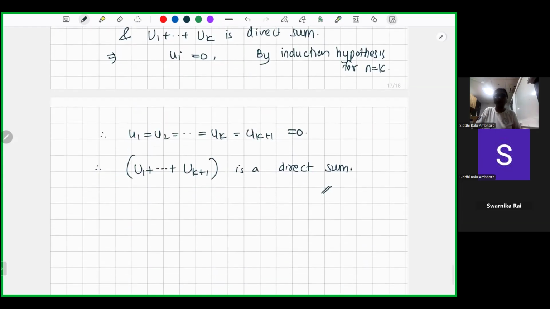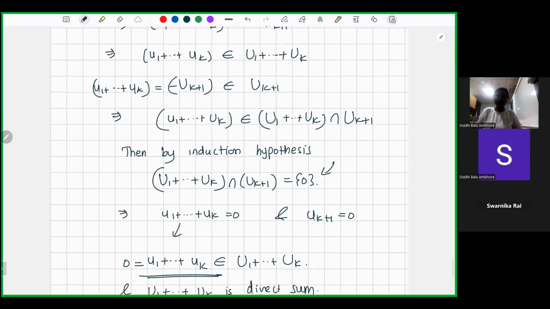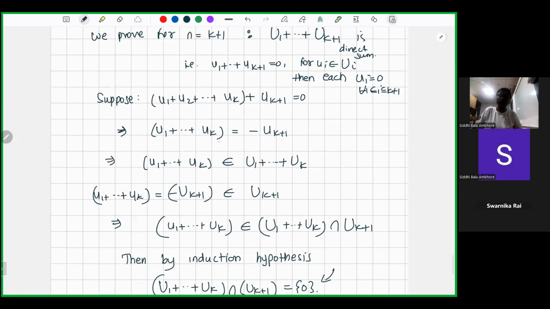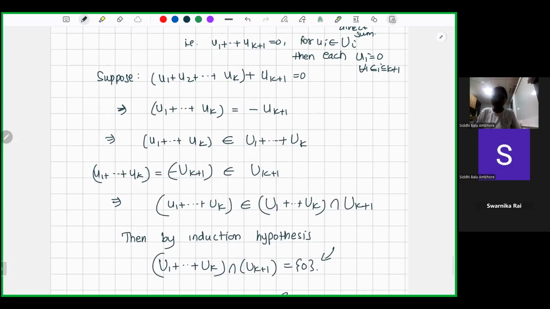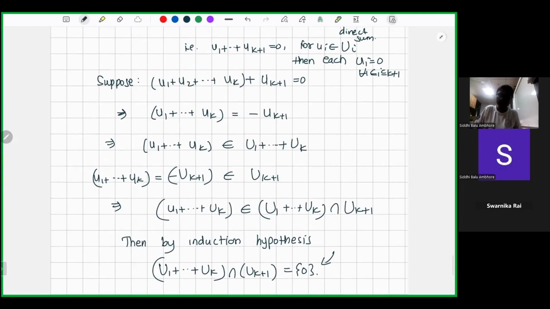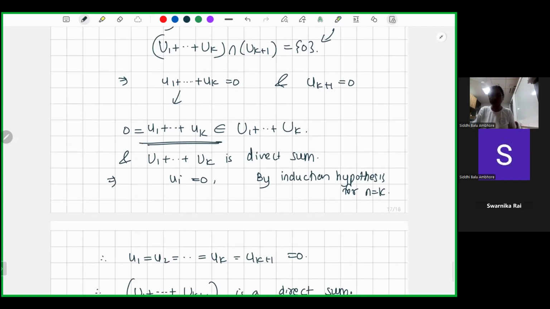We got u1 to uk equal to 0 because of induction, and from this equation the left hand side is 0 and the right hand side is 0, so uk plus 1 becomes 0. So all the variables we started the addition with are 0. I'm just explicitly writing this, plus uk plus 1, and then whatever we did follows as it is.